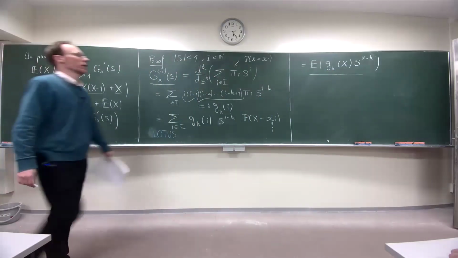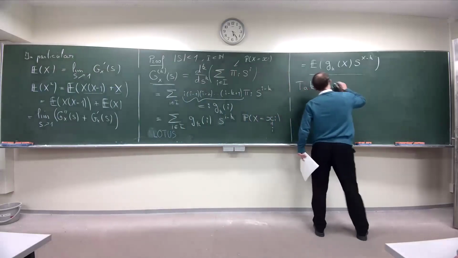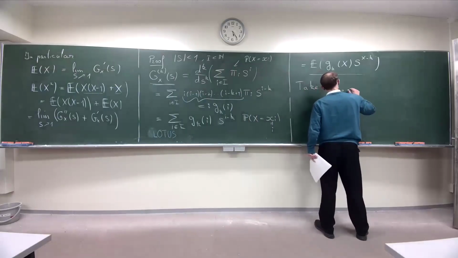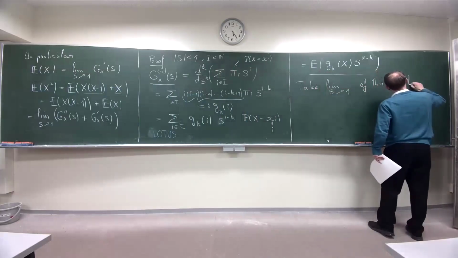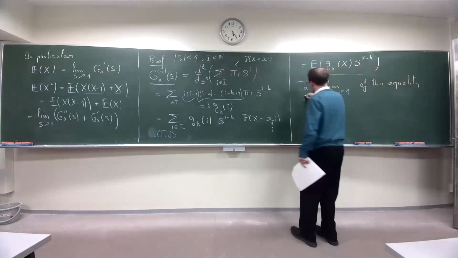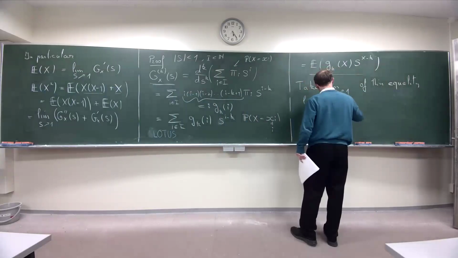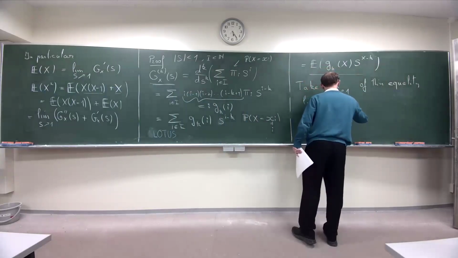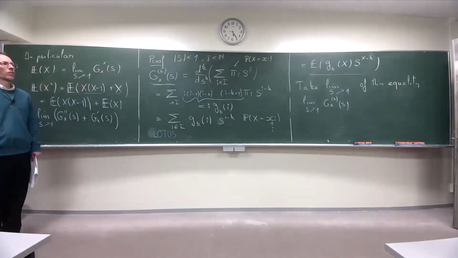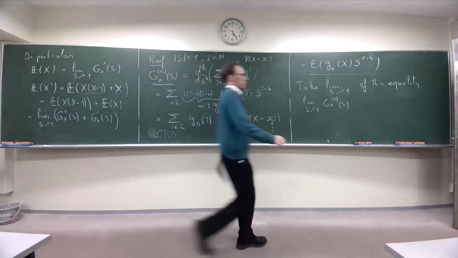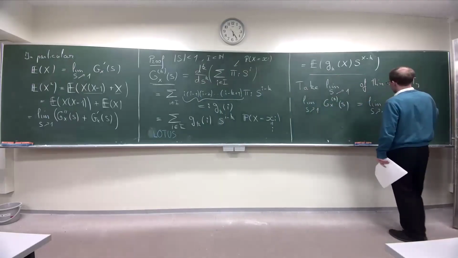And now, a bit formally, I will take the limit, s going to 1, of this equality. So what we obtain: the limit when s goes to 1 of this, which was one side of my statement, is equal to the limit when s goes to 1 of the other side.